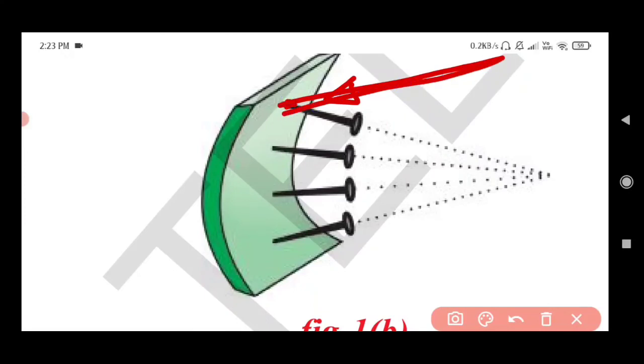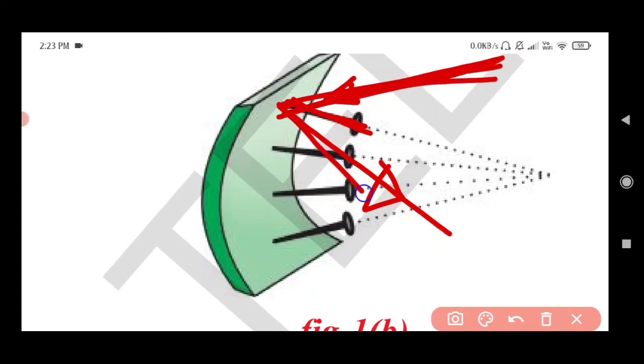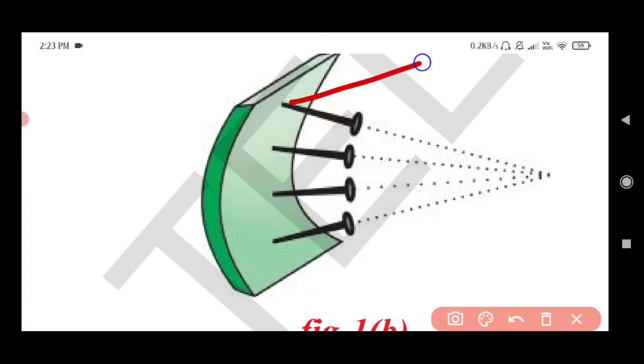It has been incident here, and this is the incident line, and this is the normal, and this is the reflected ray. Still they are making the same angle, isn't it?